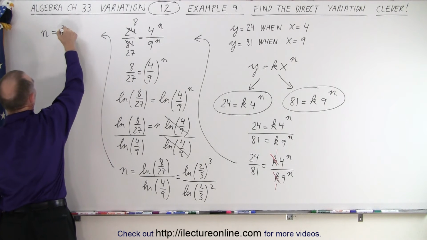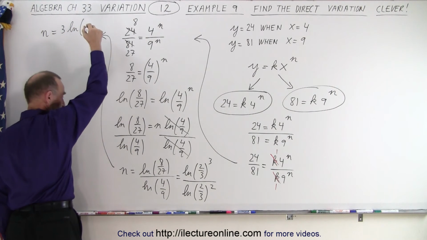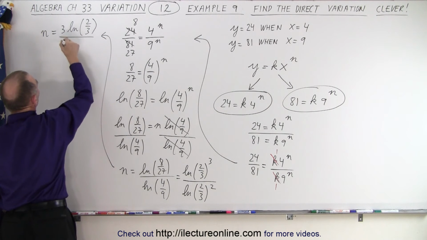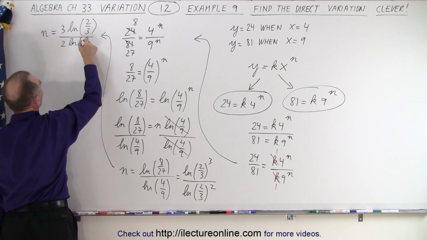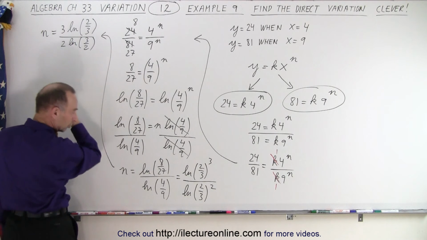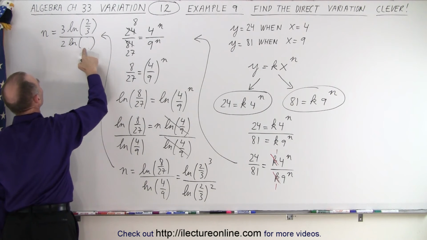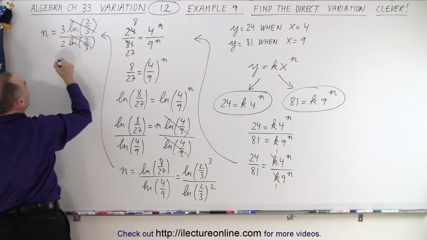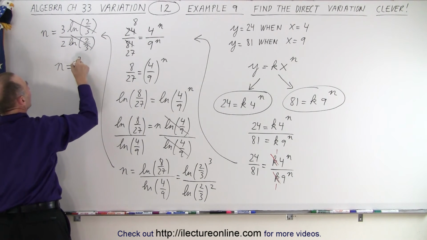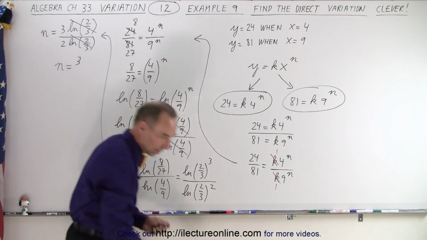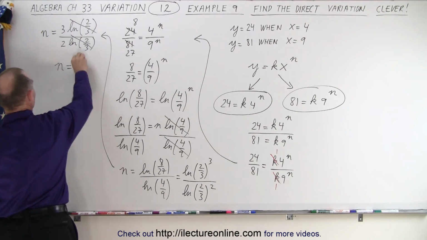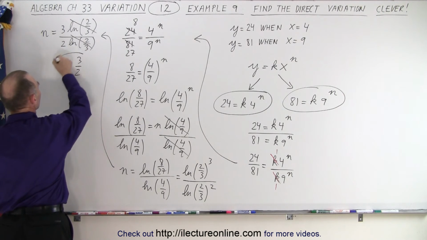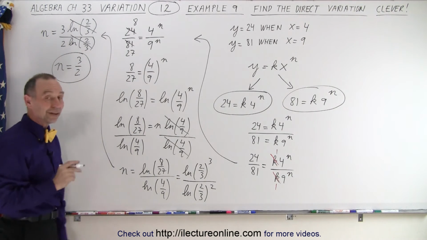So n is equal to 3 times the natural log of 2 over 3 divided by 2 times the natural log of 2 over 3. This cancels out, and n is equal to 3 over 2. Whoa, that's a terrible looking 3. Let me try this again. Okay, 3 over 2.